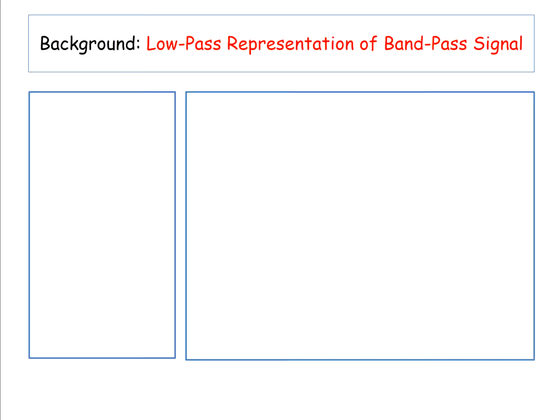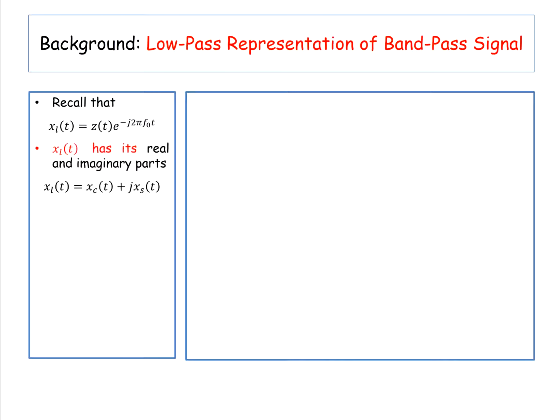Let us now recall the signal x sub L of t, which denotes the low-pass representation of the bandpass signal x of t. This signal has its real and imaginary parts, where xc of t denotes the in-phase component and xs of t is the quadrature component.